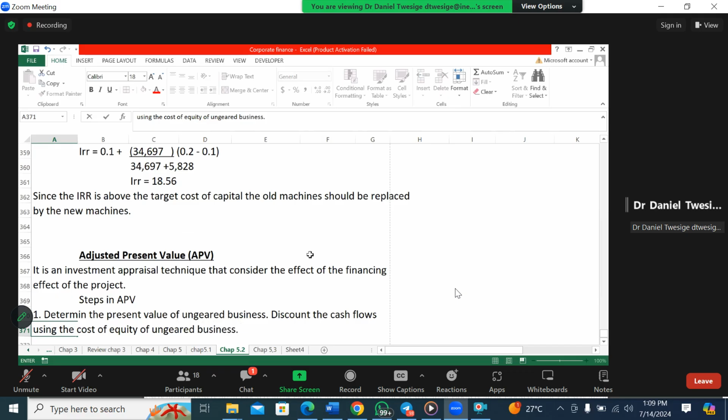Get your cash flows, the same way we have been looking at that. Then after that, discount your cash flows using the cost of equity of an all-equity business. That is step number one.